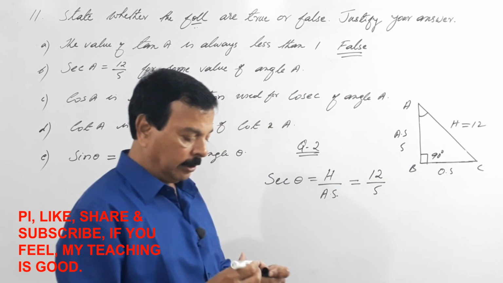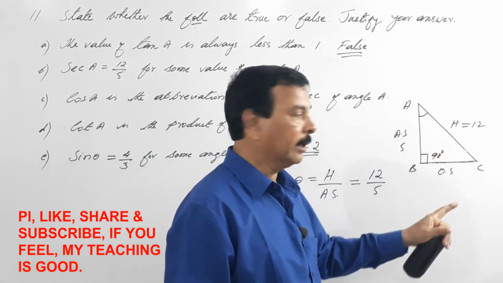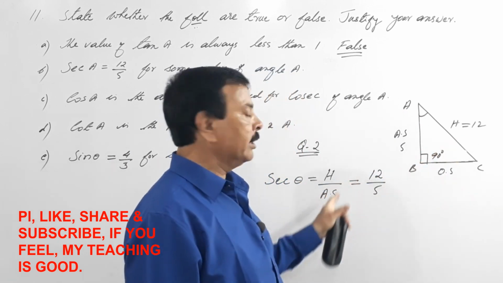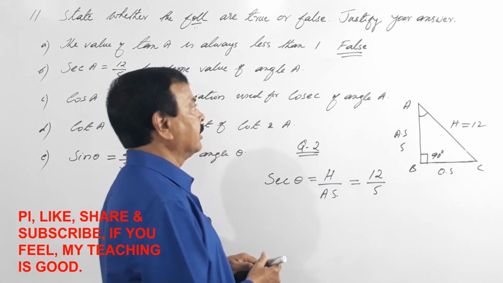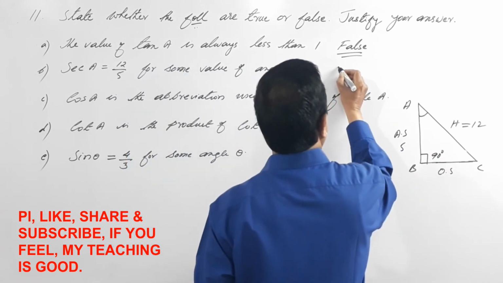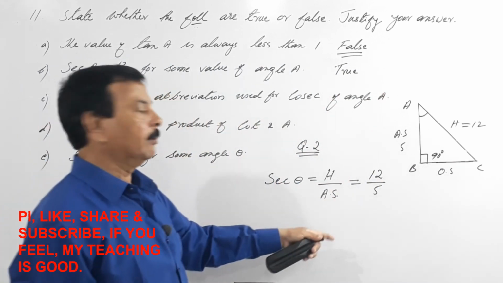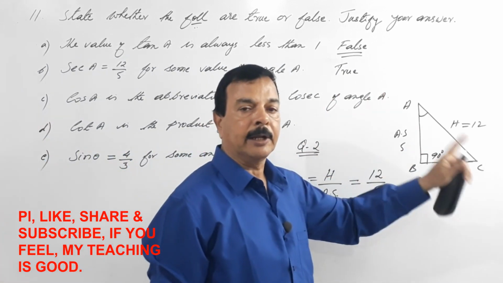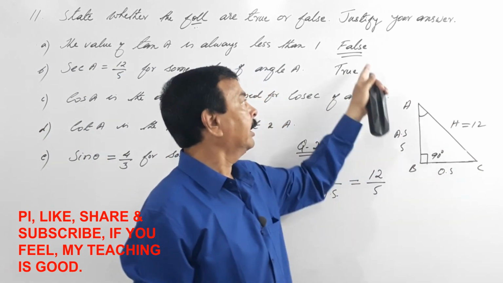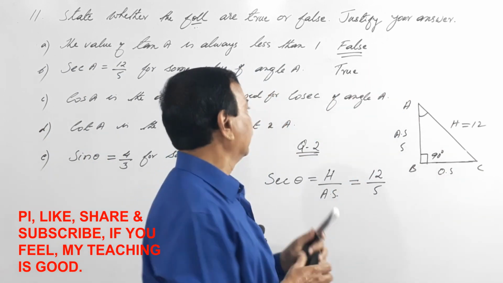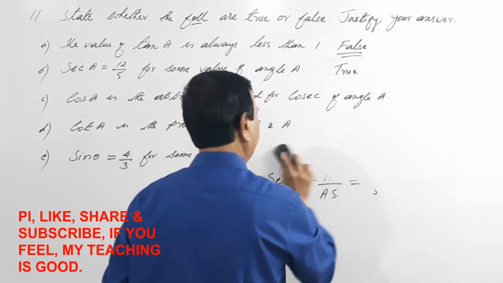The hypotenuse is the longest side in a right angle triangle, and that's why this ratio, 12 by 5, is possible. So this is true. That's why write true. Okay. Done. Question number 2.